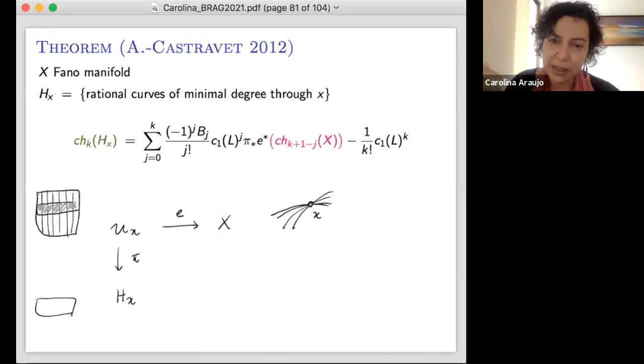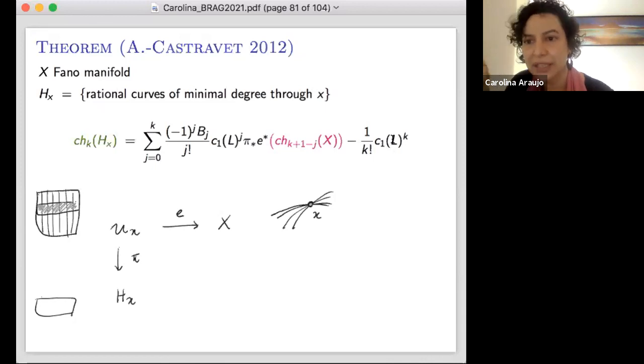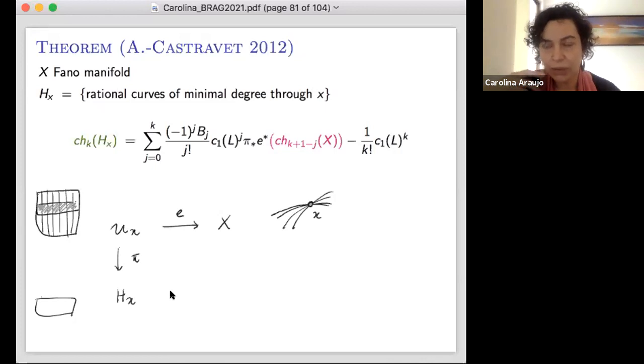Using this pullback and pushforward, we can write down explicitly all the Chern characters of H_X in terms of that of X. The Chern characters of X appear here, and this L is a natural polarization on H_X. It is almost an embedding.